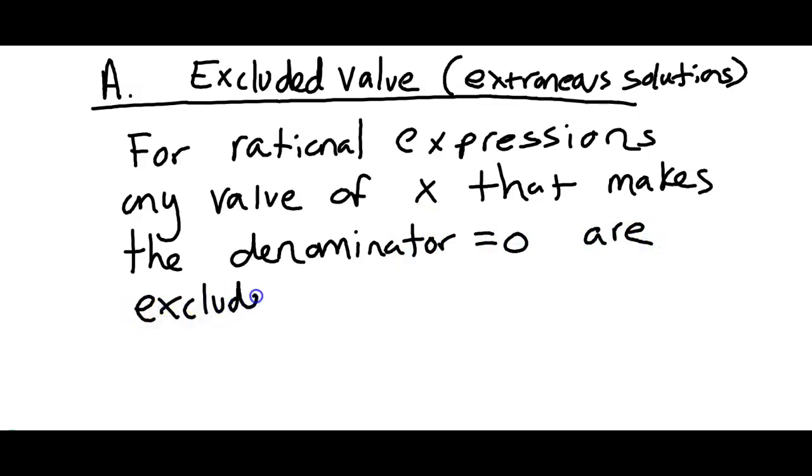In other words, x cannot be any value that, if you plug it into that rational expression, makes the bottom equal 0, because fractions aren't allowed to have zeros in the bottom.